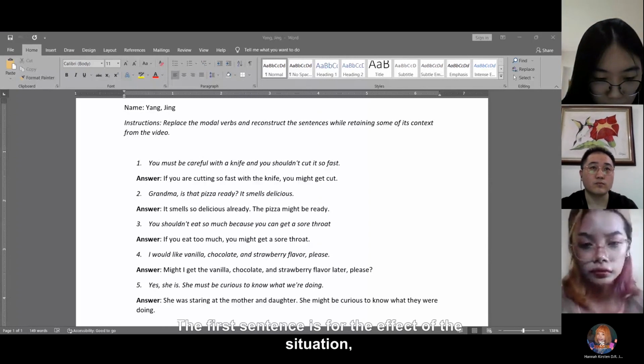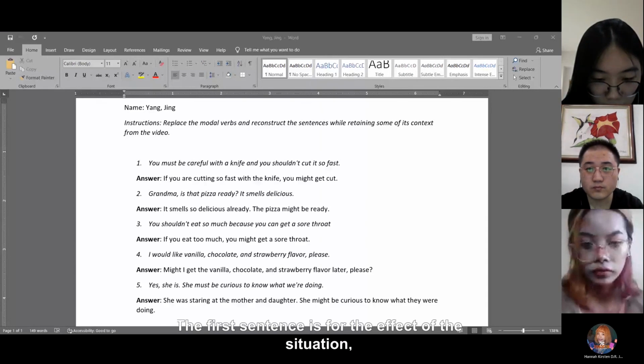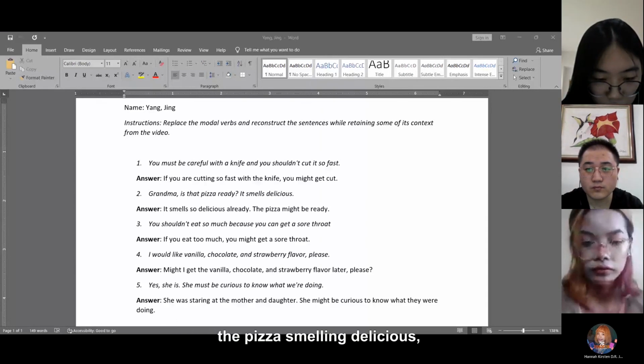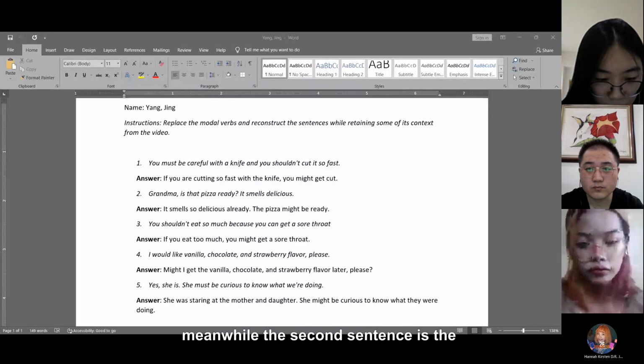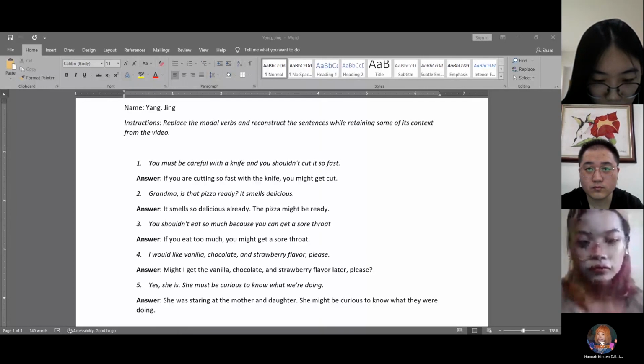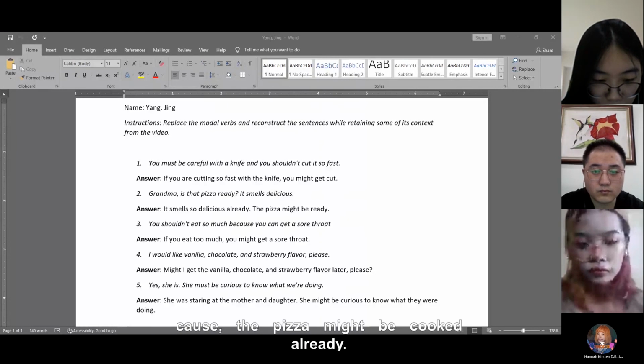The sentence is for the effect of the situation, the pizza smelling delicious. Meanwhile, the second sentence is the case: the pizza might be cooked already.